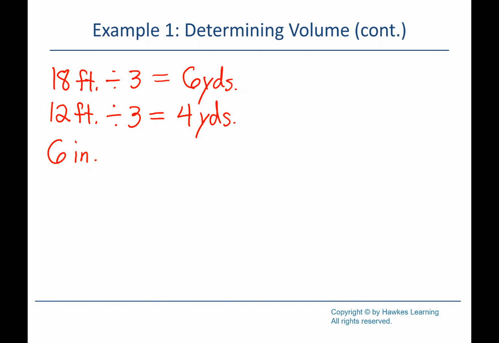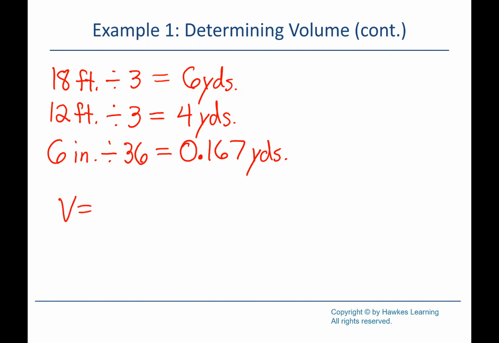We have 3 of those, we get 36 inches. So we can divide by 36 here. And we're going to get a decimal. That's okay. I'm going to round a little bit. It's 0.166666666, so I'm going to round to 0.167. Okay.